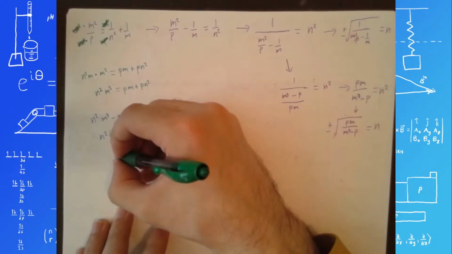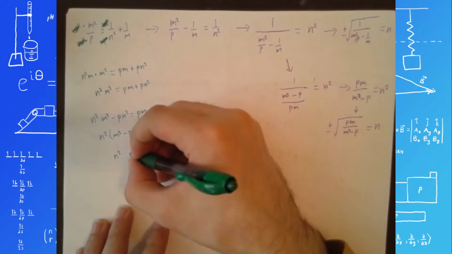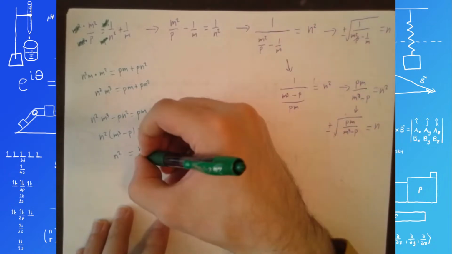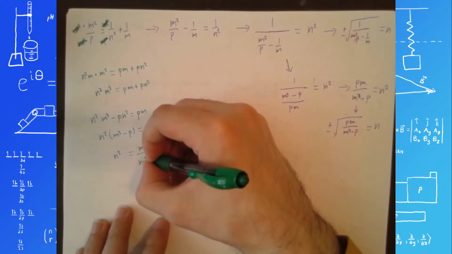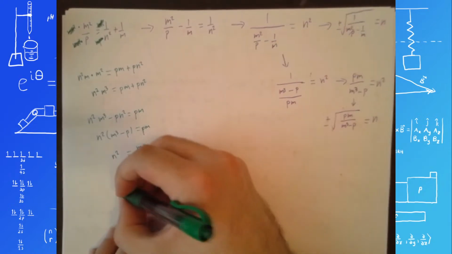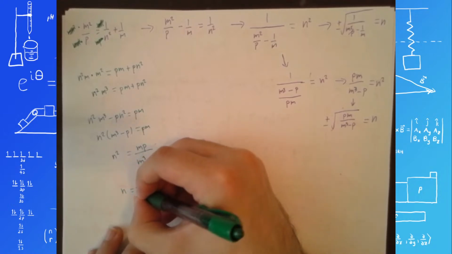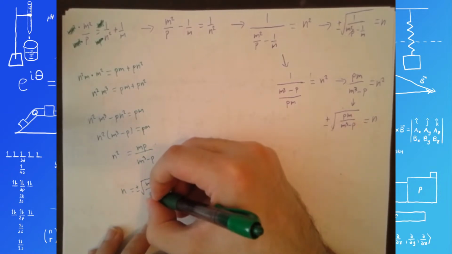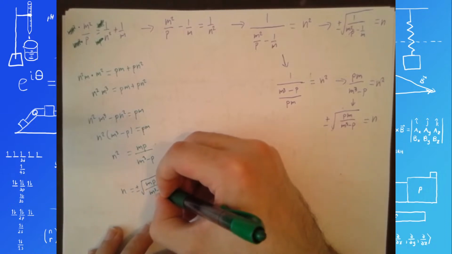And divide pm, mp, whatever, m cubed minus p. Yeah, there we go. And then square root, and you get n equals plus or minus square root of mp over m cubed minus p.